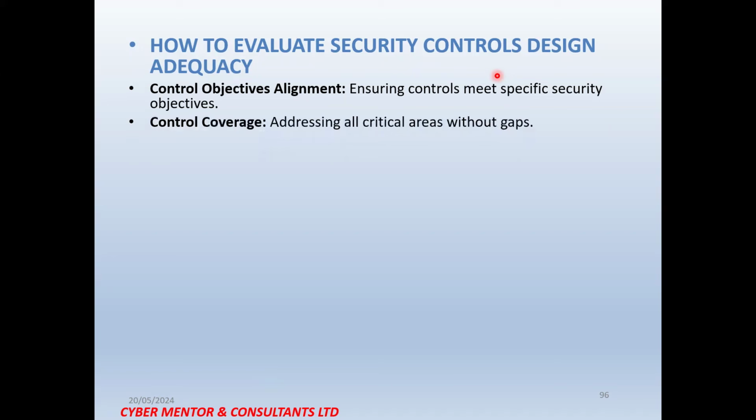Then let's go to the next one. The next one is how to assess control design adequacy. It is assessing whether the control is addressing all critical areas without gaps.